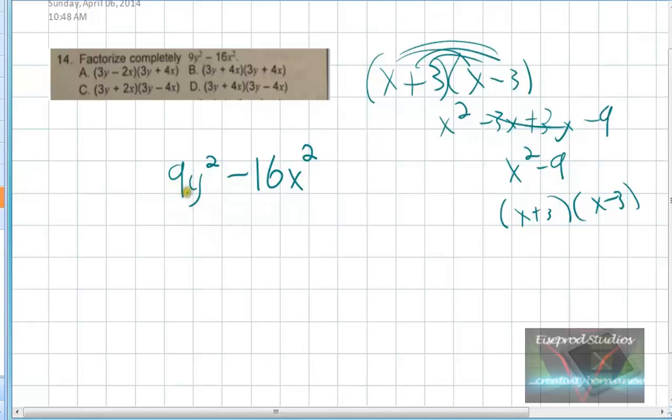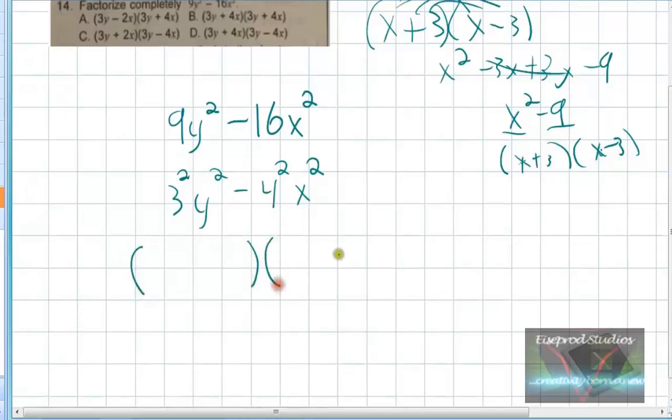So first off, we can tell that 9 and 16 have easy square roots. So 9 is the same as saying 3 squared, y squared here, and then this is the same as saying 4 squared x squared. And so now we're at this point. So what we did here was we split up the x squared. You see that? x and x, so that they multiply to it.